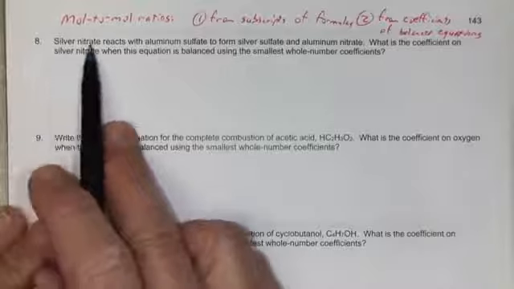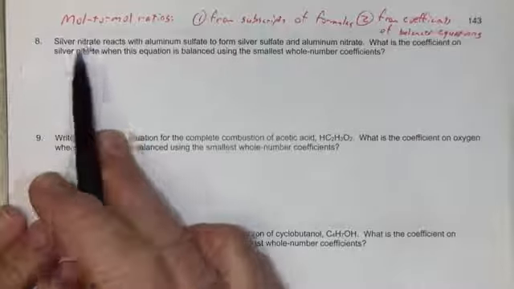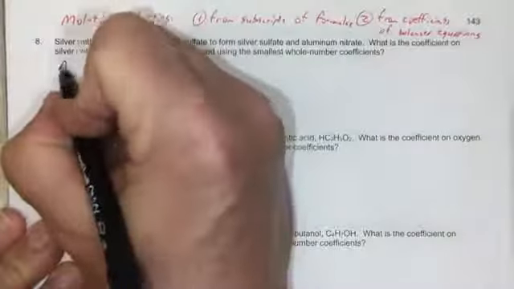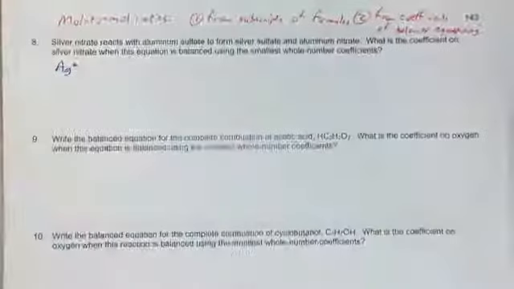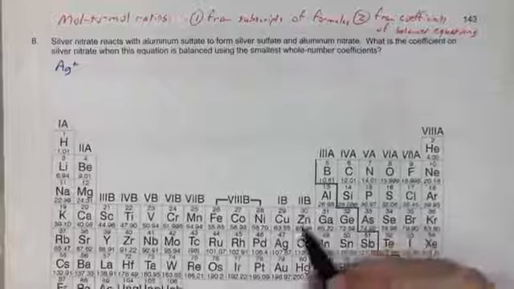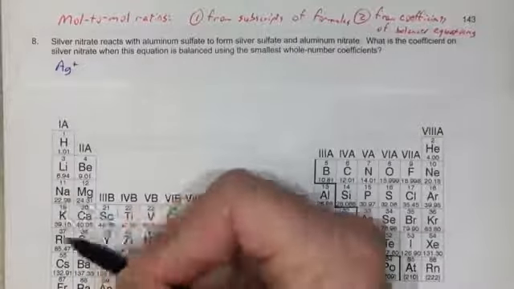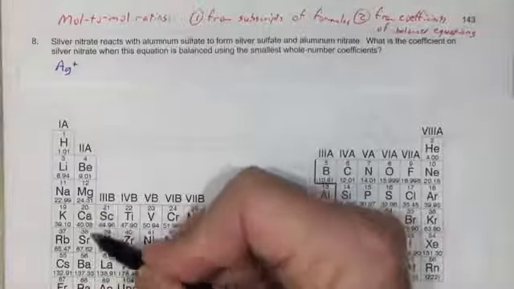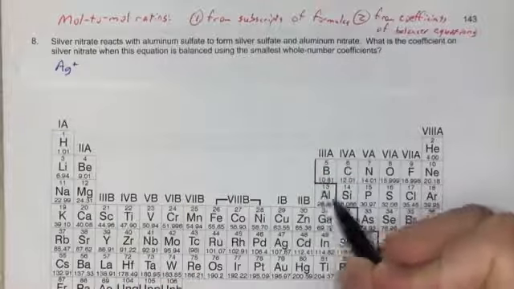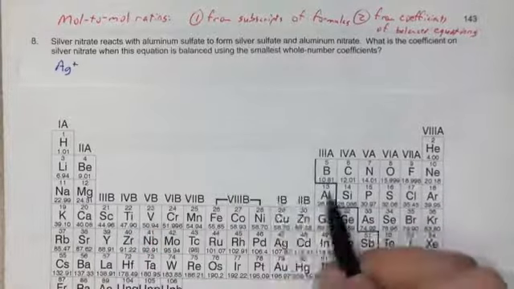So silver nitrate. Now, in this particular case, I know that silver is Ag plus 1. How do I know that silver is Ag plus 1? It's an ionic compound. Well, it's because everything in group 1 has a plus 1 charge. Everything in group 2 has a plus 2 charge. And aluminum has a plus 3 charge, plus 1, plus 2, plus 3.